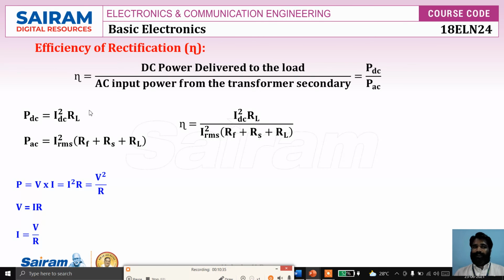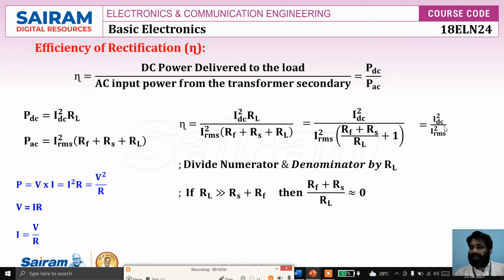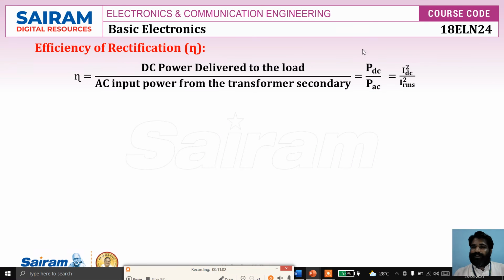Substitute this into the efficiency equation. Eta is equal to IDC square into RL divided by IRMS square into (RF plus RS plus RL). Again, divide numerator and denominator by RL, and we approximate this term to 0, so it becomes IDC square by IRMS square. This is the general expression of efficiency.